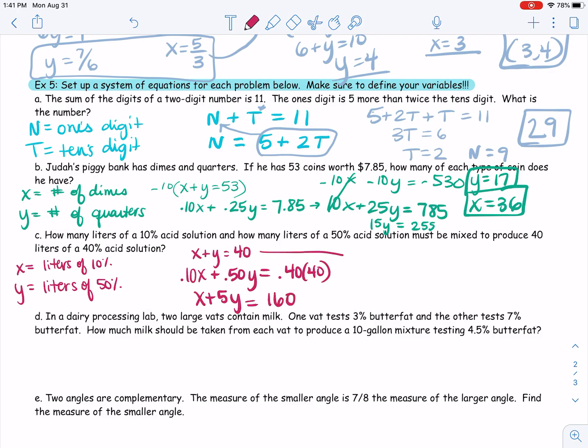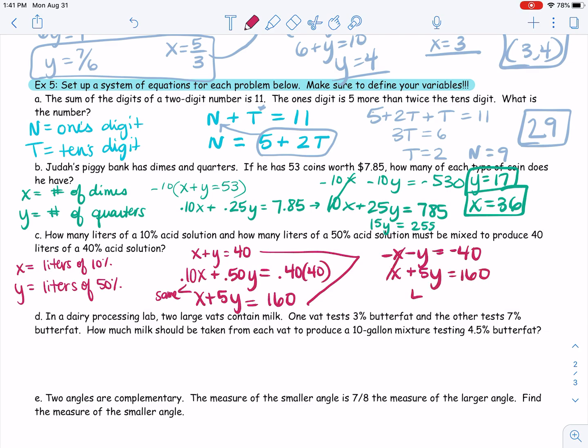And so if I'm using these two now, because these two are the same, then I can use elimination or substitution. I'm going to go ahead and use elimination. I'll make this a negative: negative x minus y equals negative 40. And I had this x plus 5y equals 160.